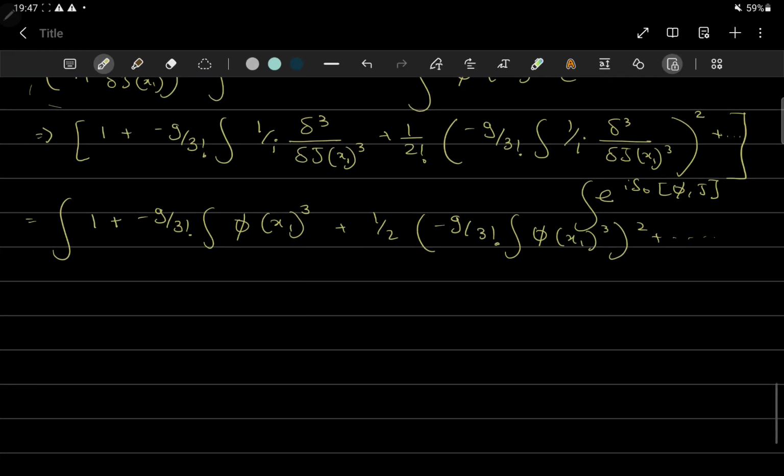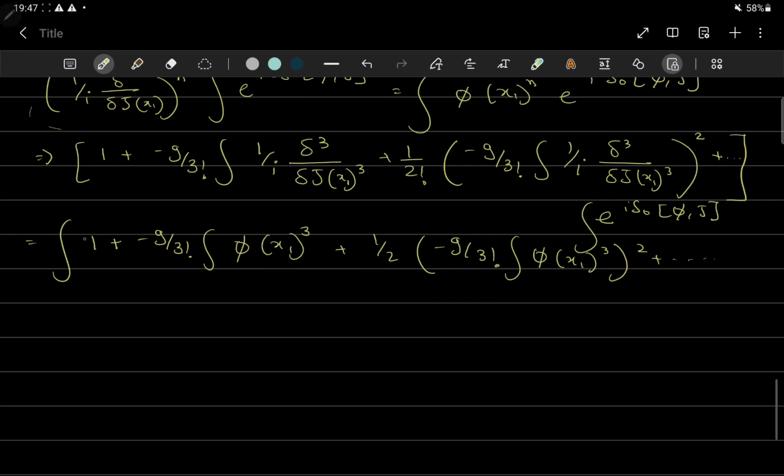And this is again multiplied with the exponential term for the free field.